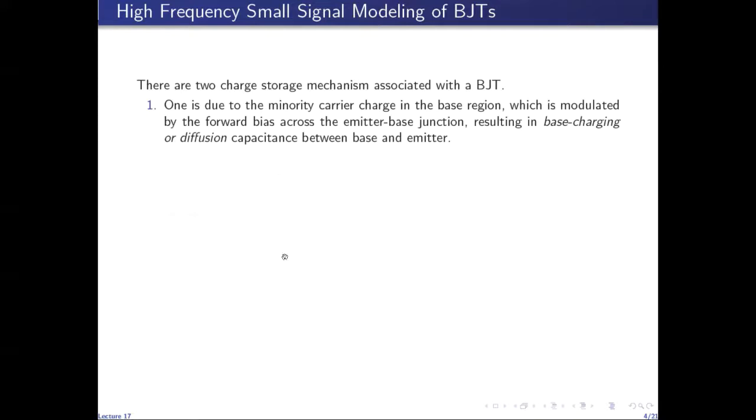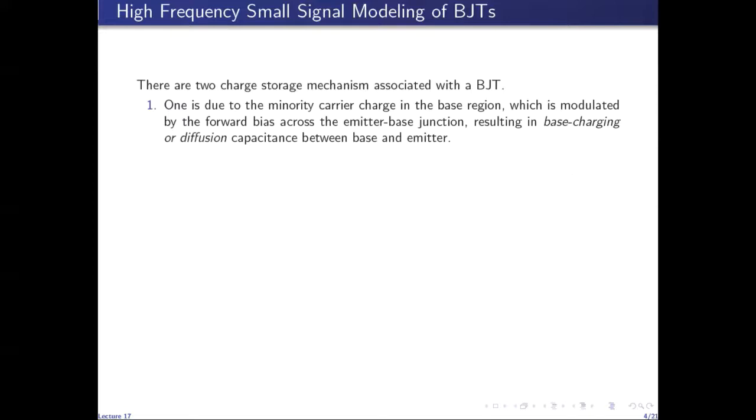So for the amount of time it takes for this injected electronic charge to diffuse through the base region, or in other words, the time it takes for this electronic charge to cross the base region, in that time, the base region is said to store this electronic charge, which is injected from the emitter region into the base.